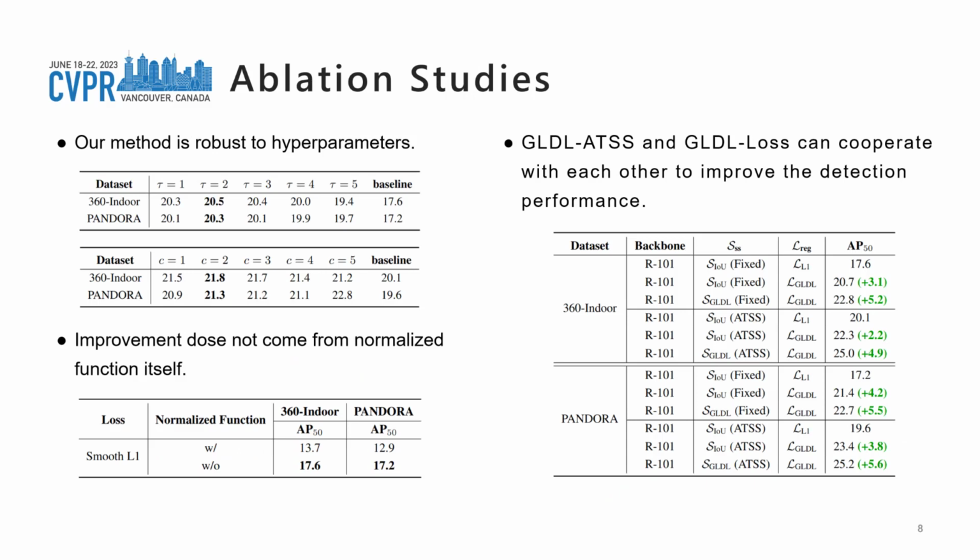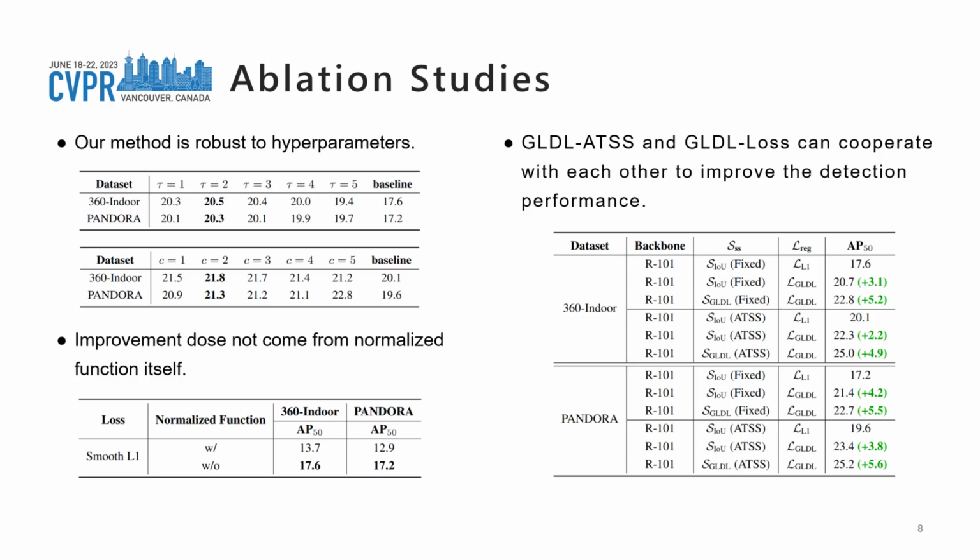To further validate the effectiveness of our approach, we conducted some ablation experiments to examine the impact of key design details. Firstly, we test detection performance under different hyperparameters τ and c. And results show that our method is robust to these hyperparameters.